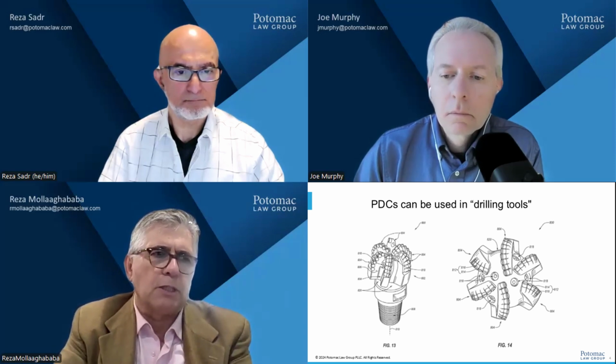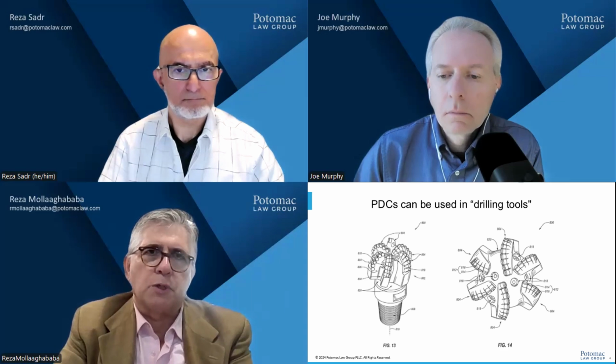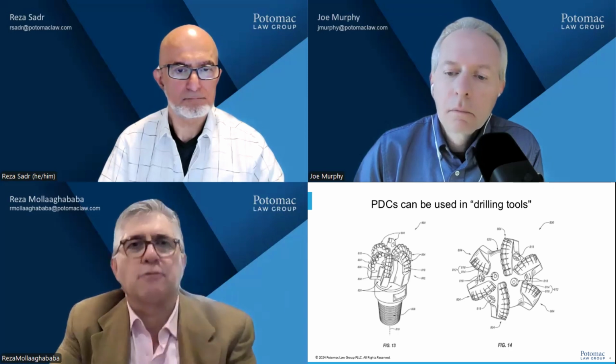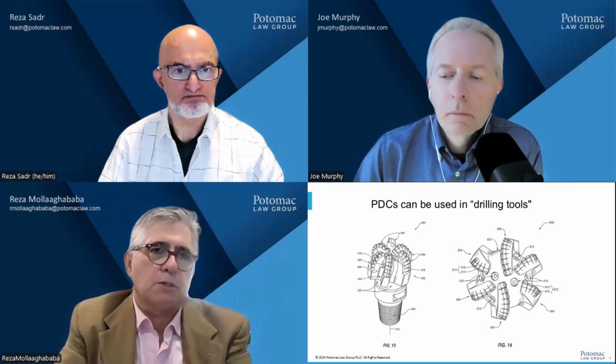So I think it's too high a burden to put on a patent applicant that you need to provide every single structural feature such that the properties would naturally flow from those features.